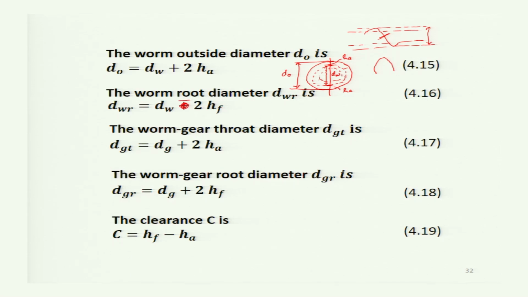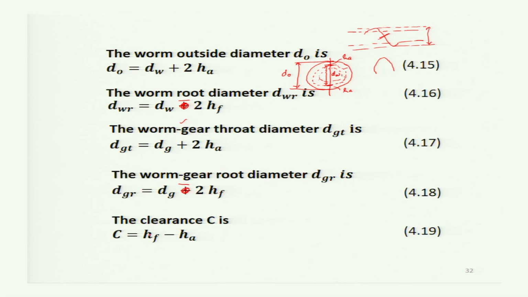The worm gear throat diameter is given by DGT, the gear. Here we have obtained the dimensions for the worm. Now for the gear, the throat diameter DGT is DG, the pitch circle diameter of the gear, plus 2HA, and the worm gear root diameter DGR is DG minus 2HF.